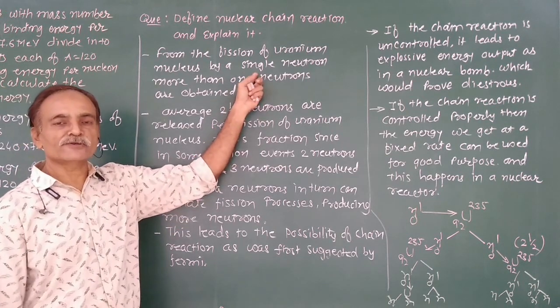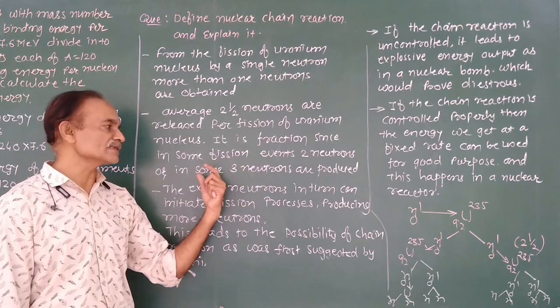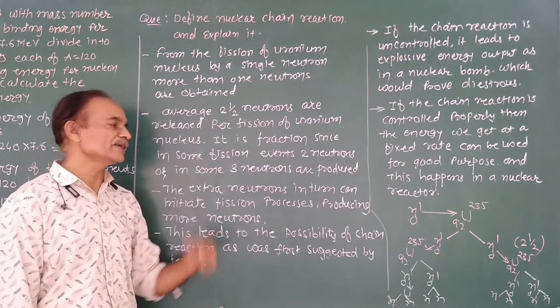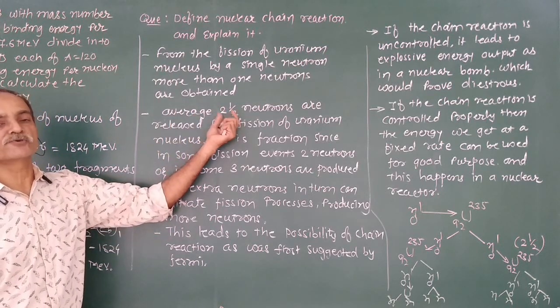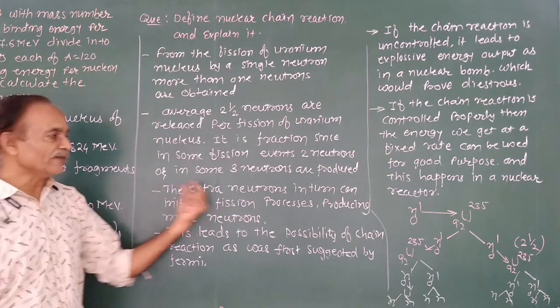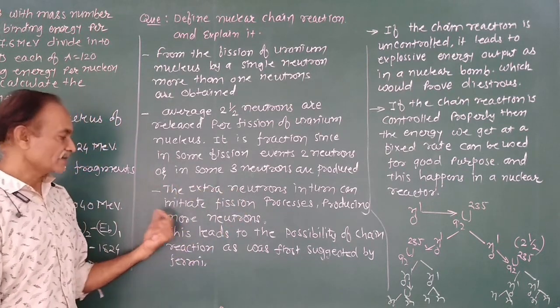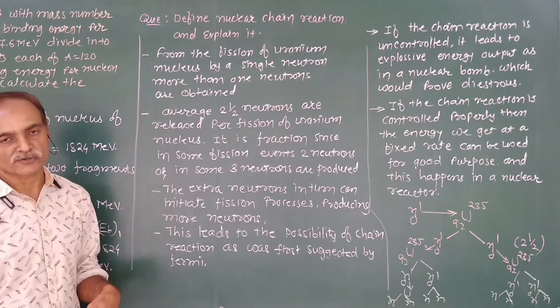Here, more than 1 neutron is produced, which means in some processes 2 neutrons are produced, while in some processes 3 neutrons are produced. Therefore we take the average value of the produced neutrons as 2.5. The extra neutrons in turn can initiate the fission process, producing more neutrons.